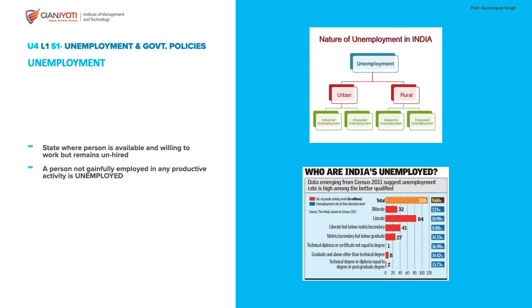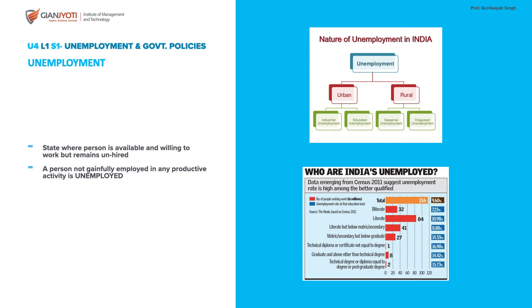If I go to the fourth category, that is matric or secondary but below graduate, around 27 million, the unemployment rate is around 14.55. If you go to technical diploma or certificate, it is around 1 million, 16.90.